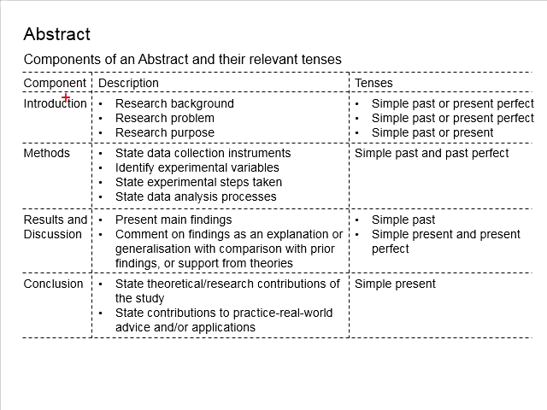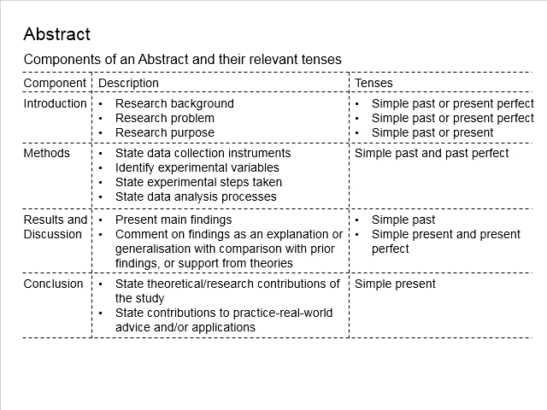There will be an introduction part for the abstract, where you need to provide the research background, research problem, and the purpose of the research. These are the tenses that you normally encounter for the respective purposes.